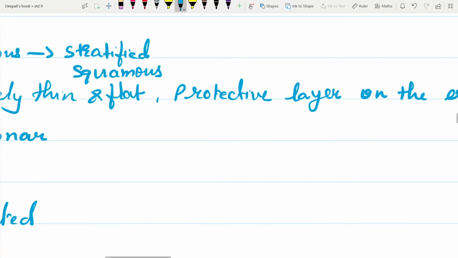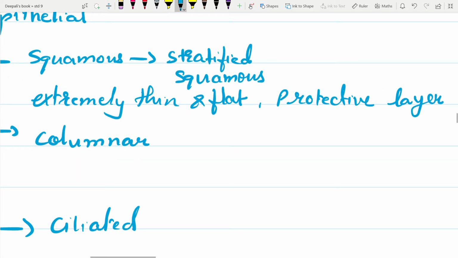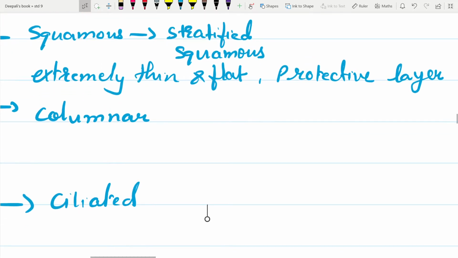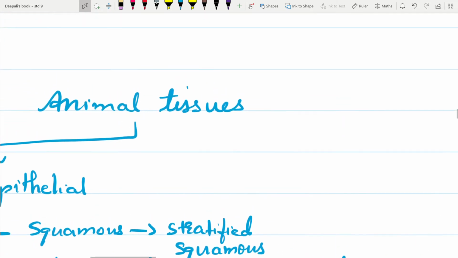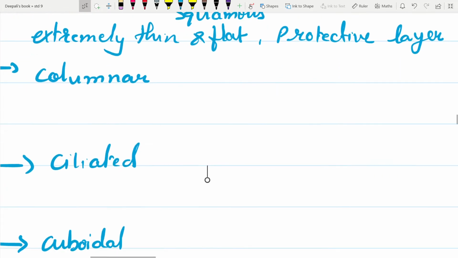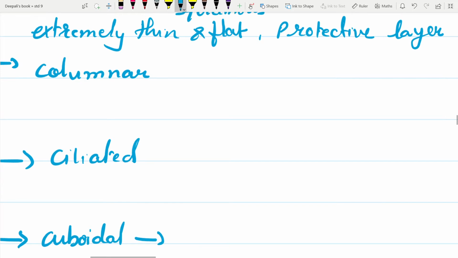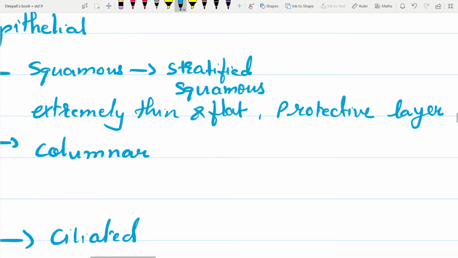Then columnar epithelium. These cells are tall like columns.